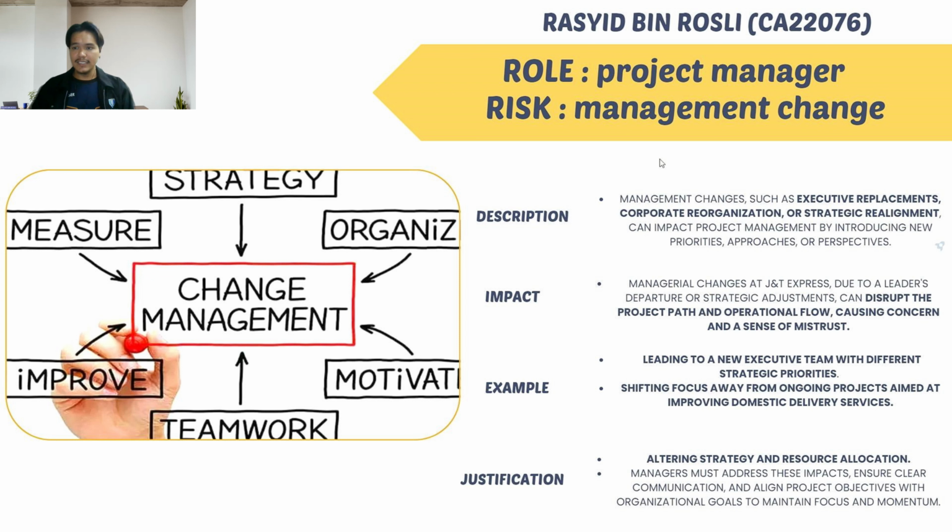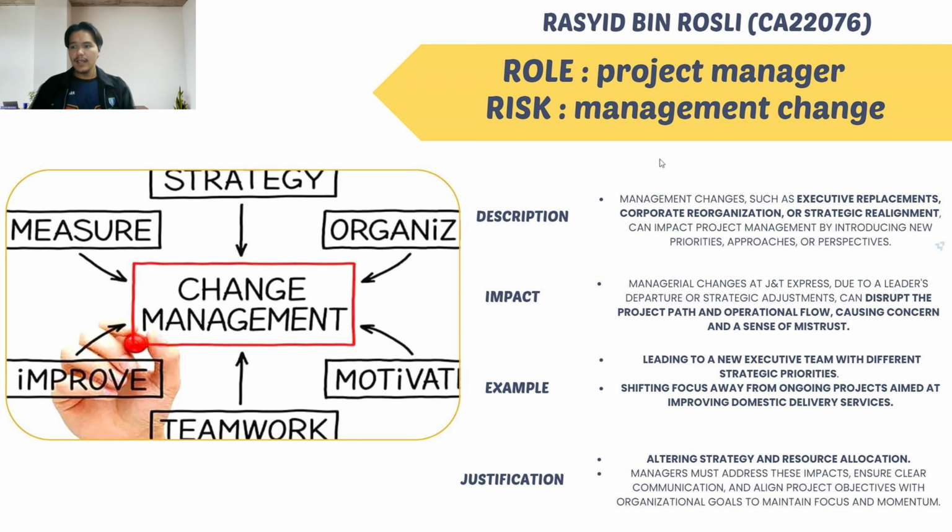For example, JNT Express changed its CEO, resulting in a new executive team with different strategic priorities. The new management team decides to relocate resources to the expanding international operation, shifting focus away from the ongoing project to improve domestic delivery service.